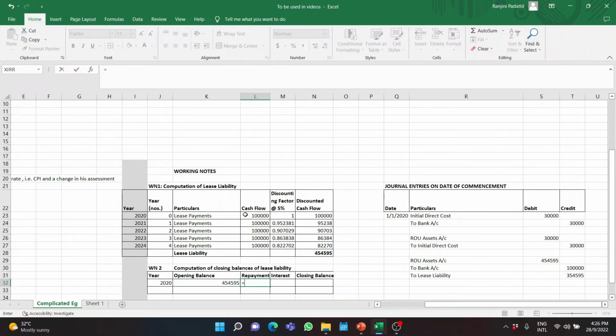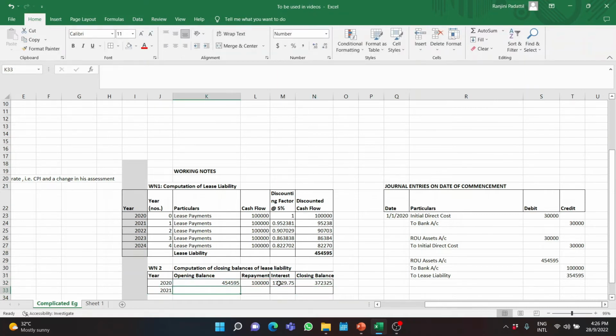We paid a cash flow of 100,000. The interest is opening balance minus repayment multiplied by 5%. The closing balance is opening balance minus repayment plus interest.